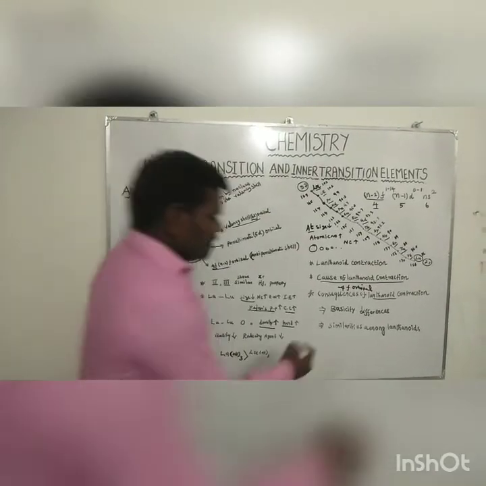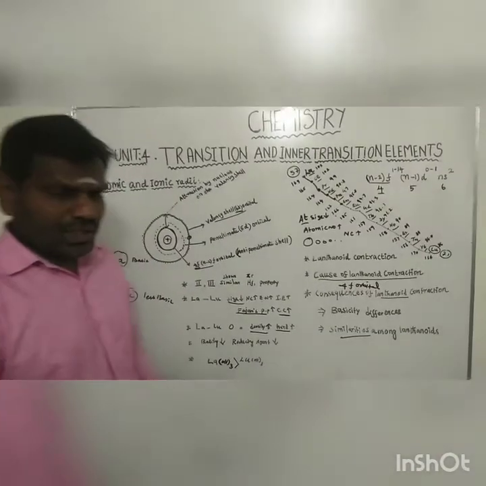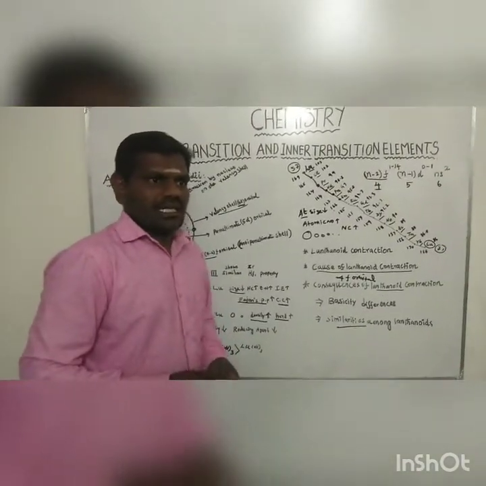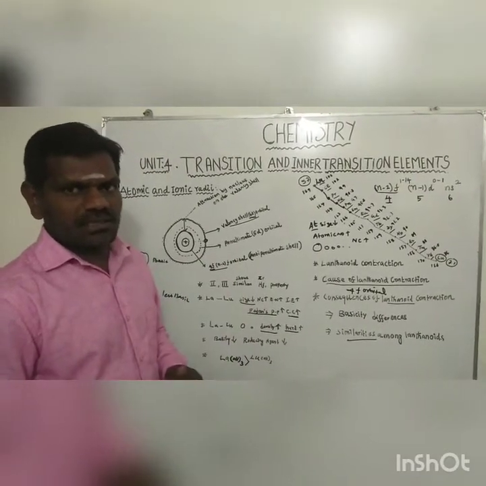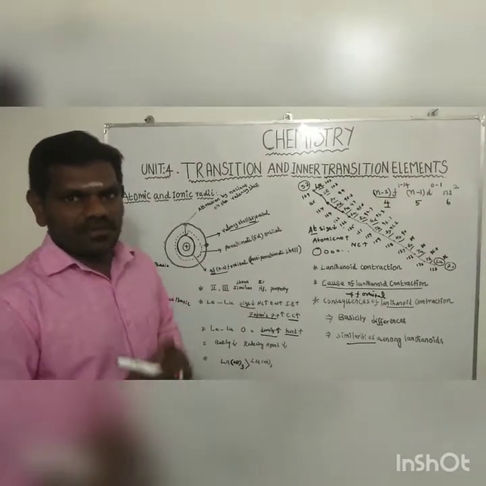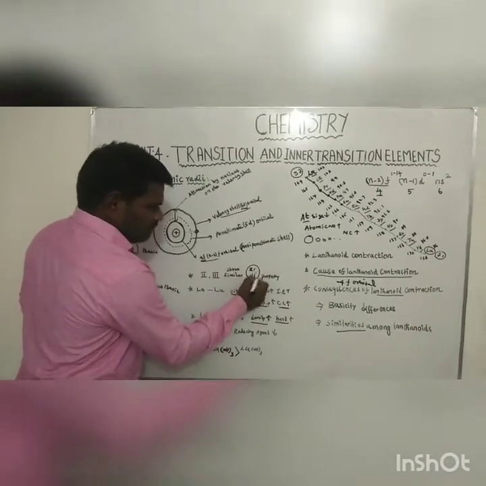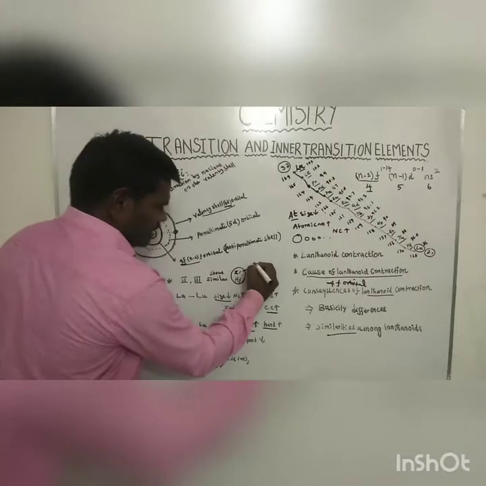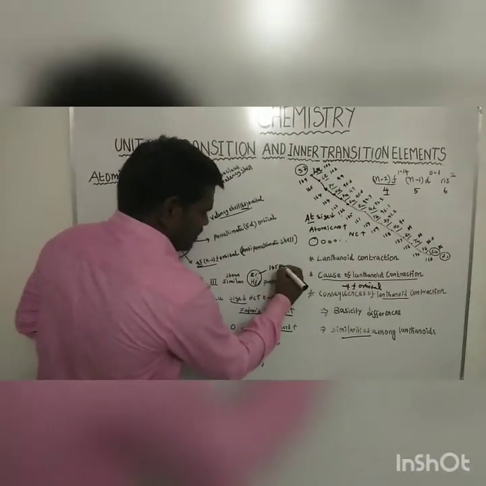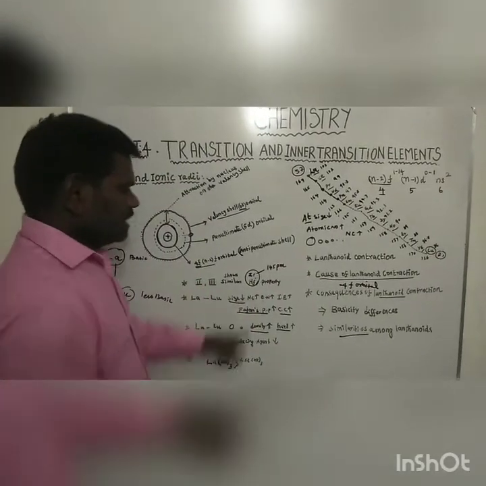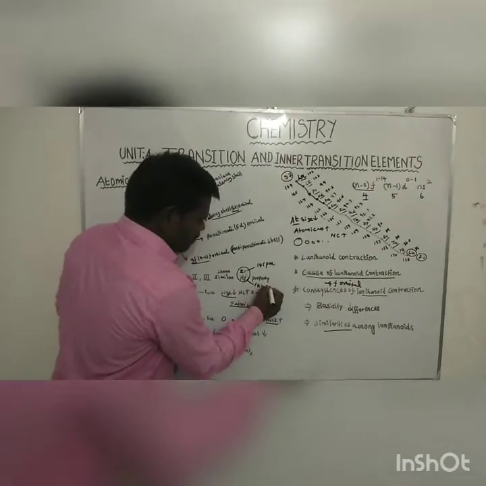Next one, similarity among the lanthanides. Due to the lanthanide contraction, in the d block the second series and third series elements have quite similar properties. For example, zirconium and hafnium. Zirconium has an atomic size of 145 picometers, and hafnium 144 picometers.